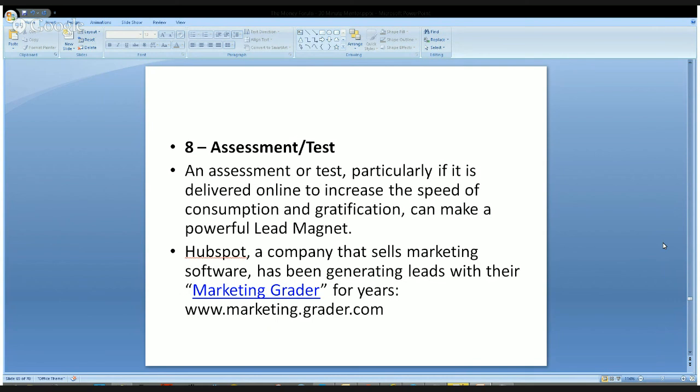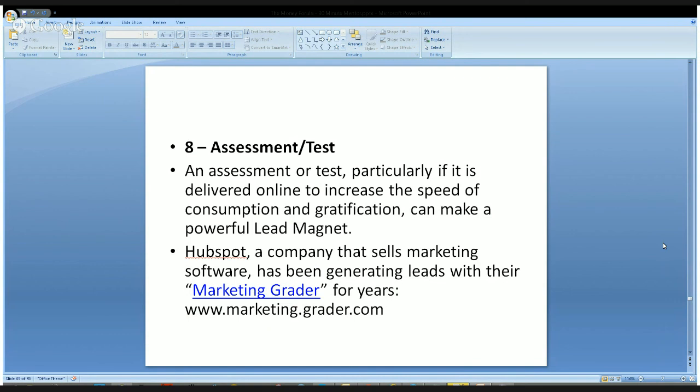People like instant gratification, and that's what a good lead magnet has with it. Instant gratification can be a powerful lead magnet. If you look at HubSpot, they've been generating leads with their Marketing Grader for years, and you can have a look at that at marketing.grader.com.